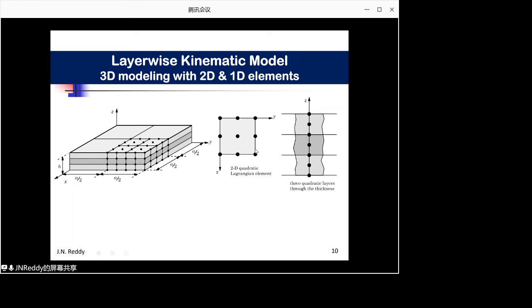Whereas the third order theory, or sorry, layer-wise theory will do a very good job, and then it goes to 0, okay? And by the way, this jump is expected because sigma XX is not necessarily continuous, in the mechanics sense, because it's in this direction, not in this direction.